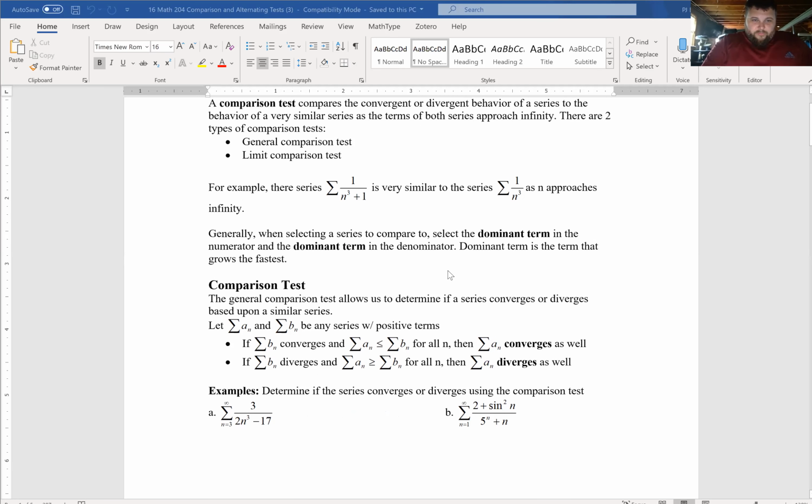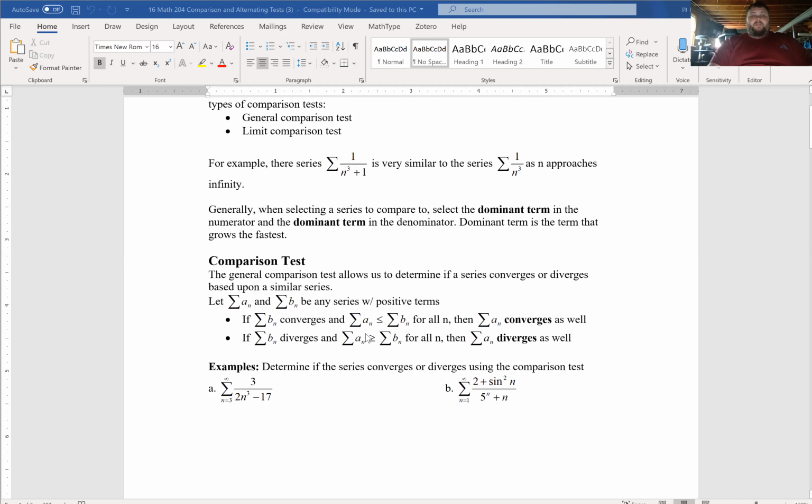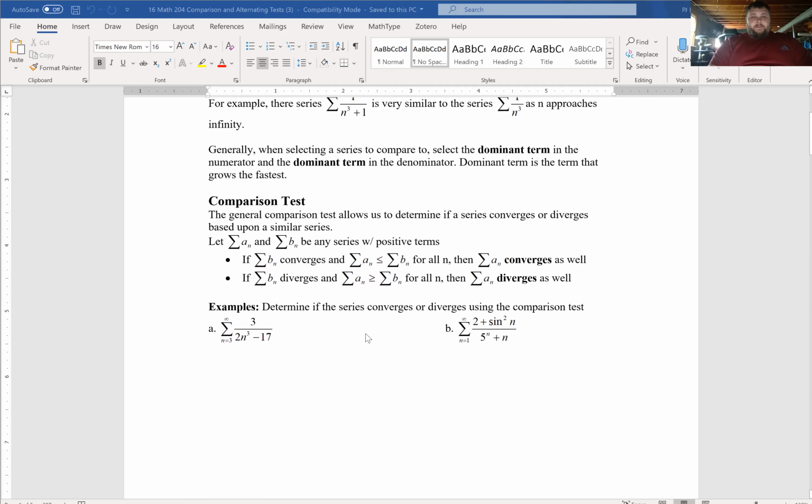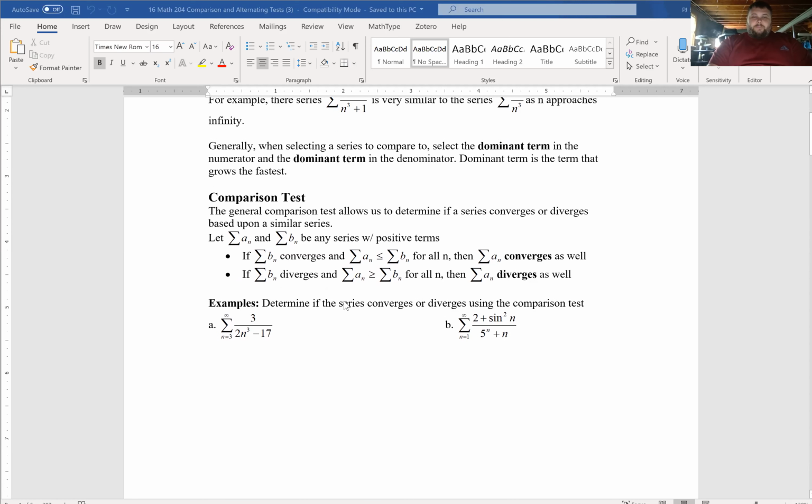And then the rules for the general comparison test are as follows. First off, the sum of A sub n is the one you're given. The sum of B sub n is the one that you come up with.